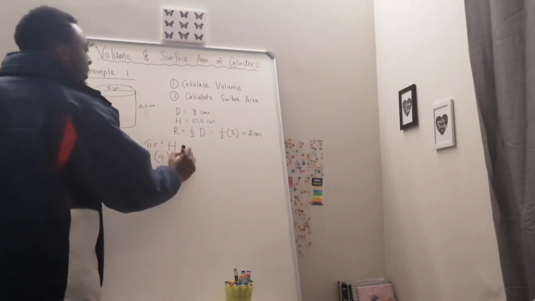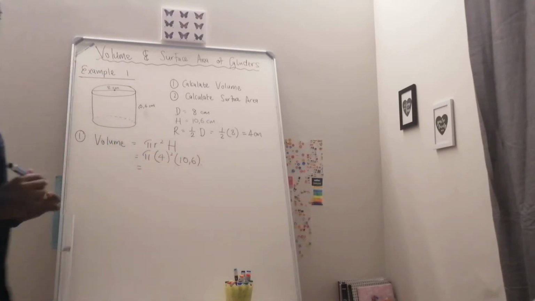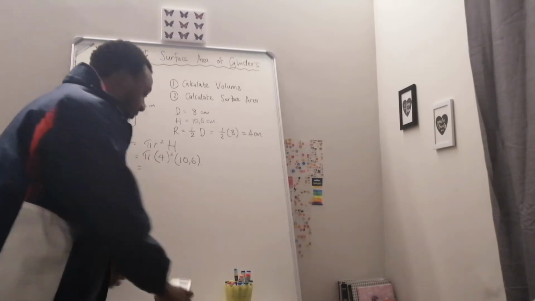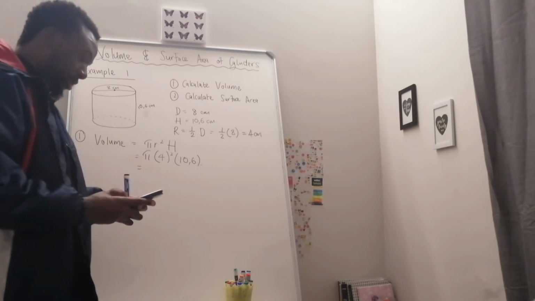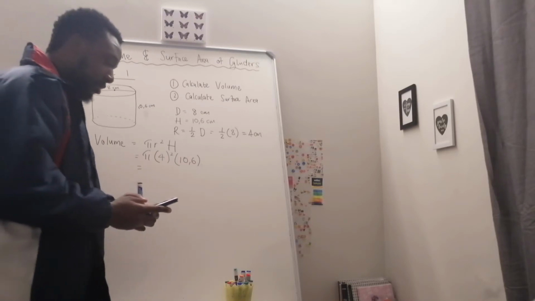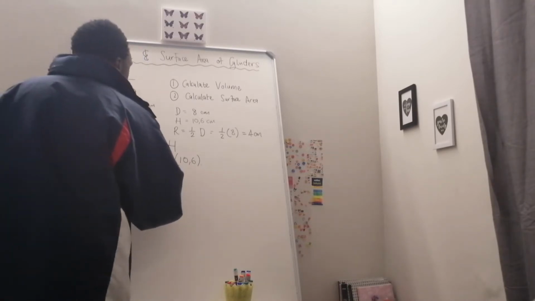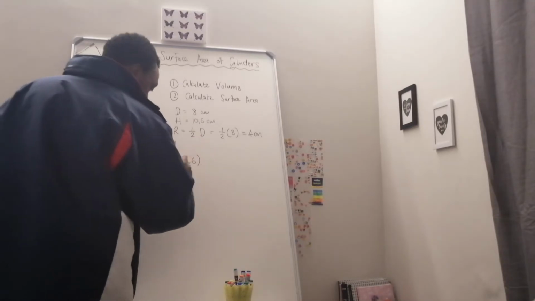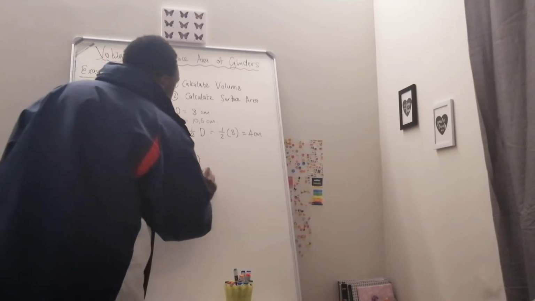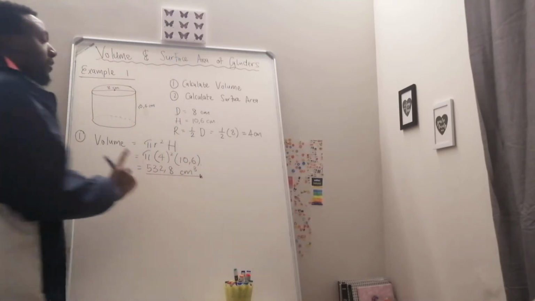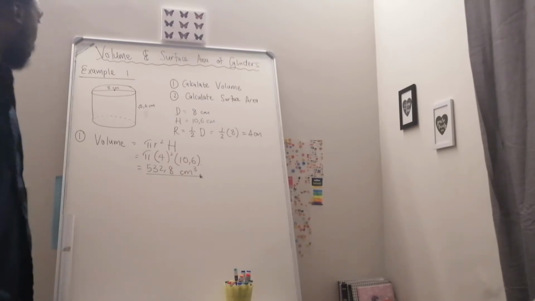Then my height is 10.6. Then I just take out my calculator, pi times 4 squared times 10.6. That gives me 532.8 centimeters cubed, because it's a volume figure, right?